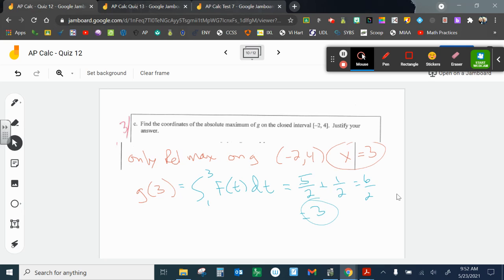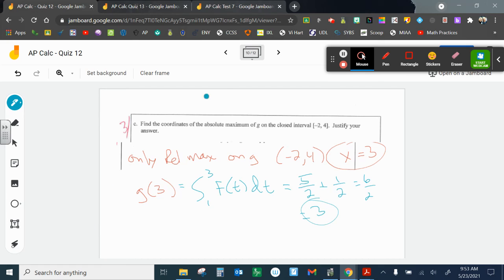All right, so we find the only maximum that would occur, remember, for the extreme value theorem, the maxes are going to occur either at the endpoints or wherever there's a relative max or min inside. So I just found that G of 3 is 3.